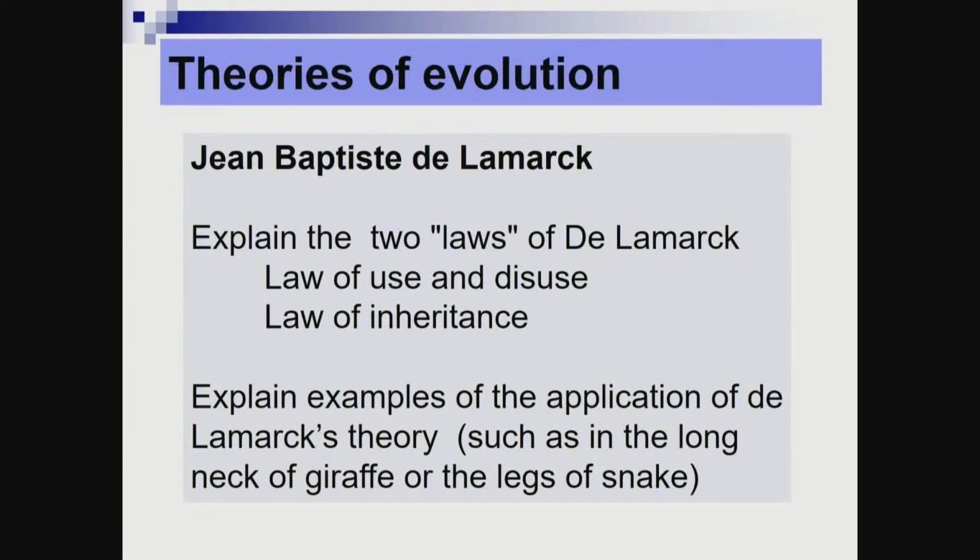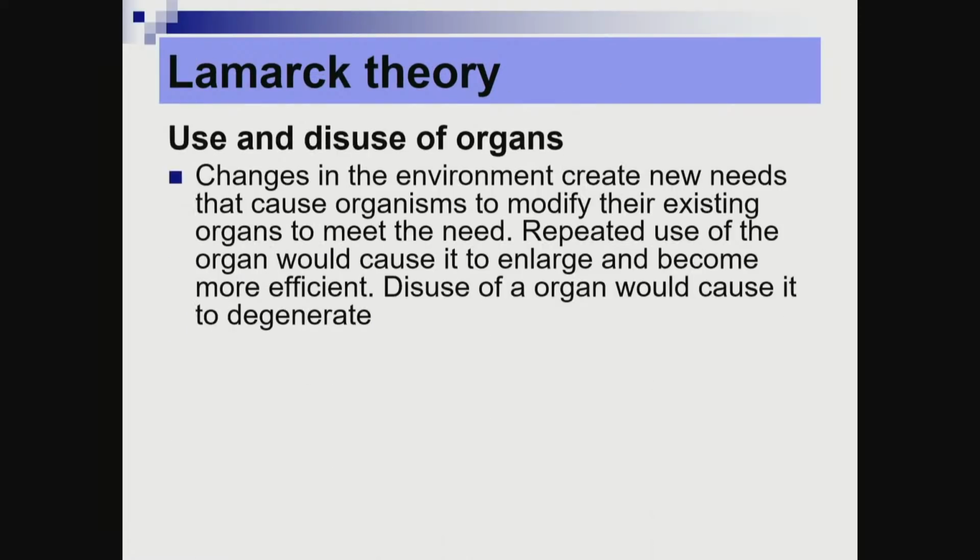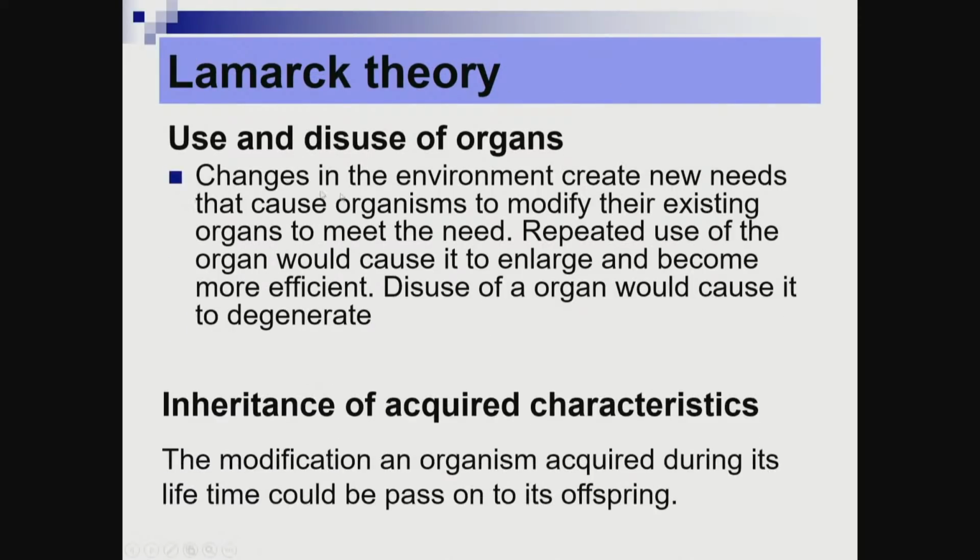So if we look at Lamarckism, the theories of evolution of Lamarck, you have two theories: the law of use and disuse, and the law of inheritance, and you must explain these two laws. So the laws, it's actually, when you use it, it becomes bigger and better, and if you don't use it, it becomes disintegrated.